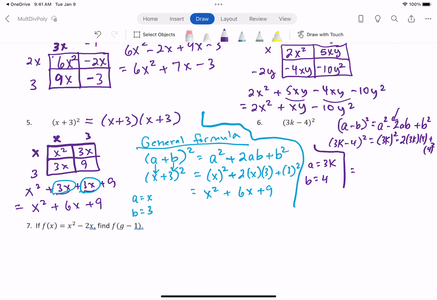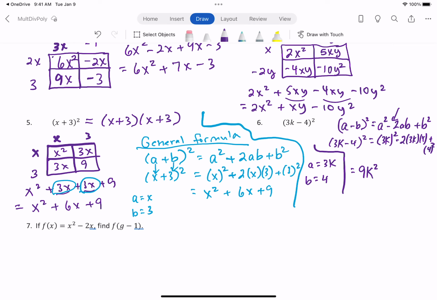So this is where one of the other rules that we looked at came in. Remember, when we've got 3k all raised to the second, that means we have to square the 3. So 3 squared is 9, and k times itself is k squared.